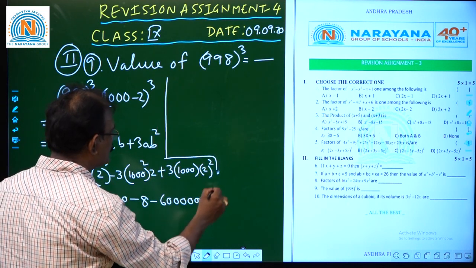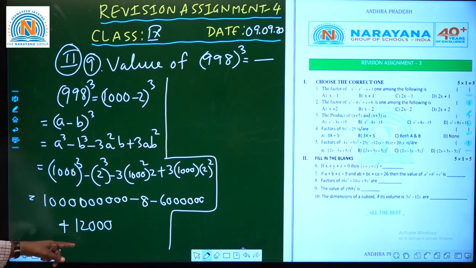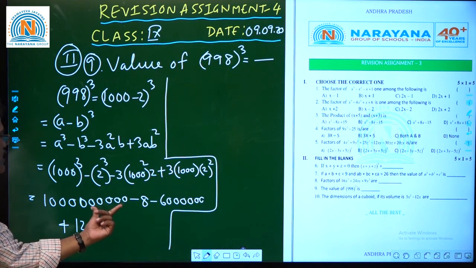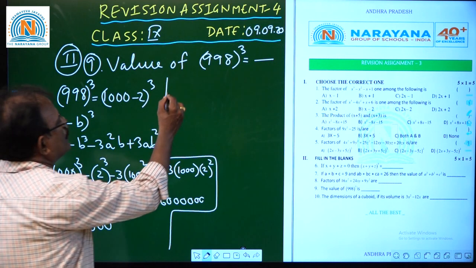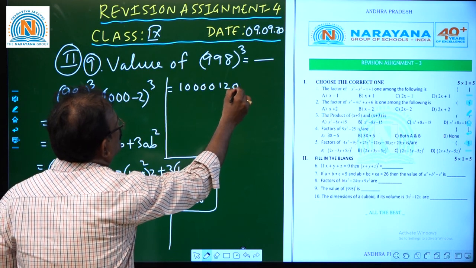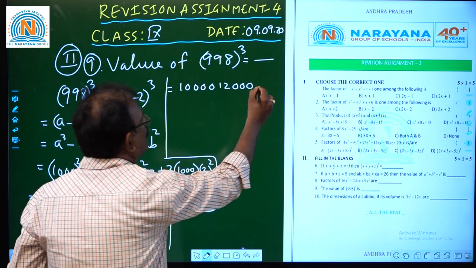So if you add these two, this consists of 5 digits, children. Except for the last 5 zeros, here 10,000 is there. So 10,000 and 12,000, when you add these two, and this is minus.